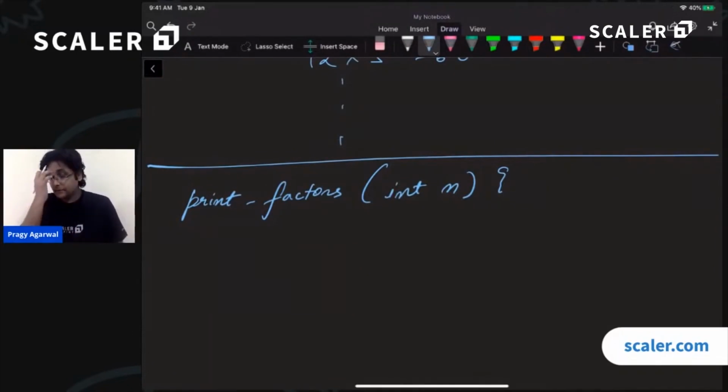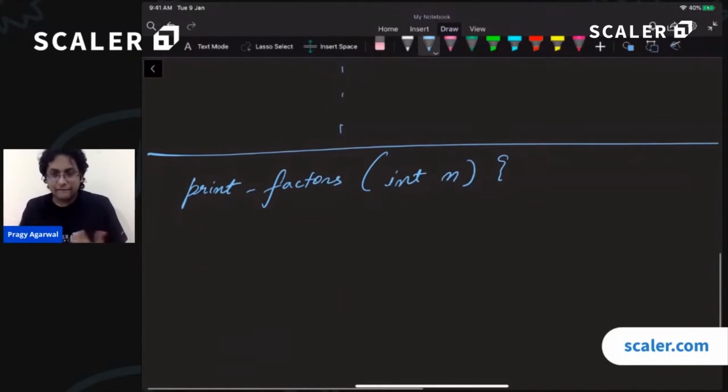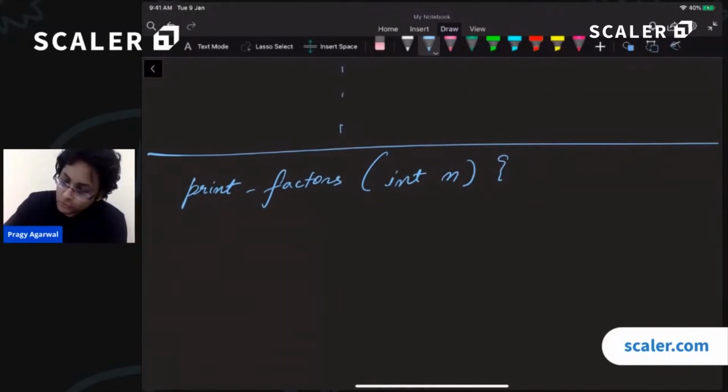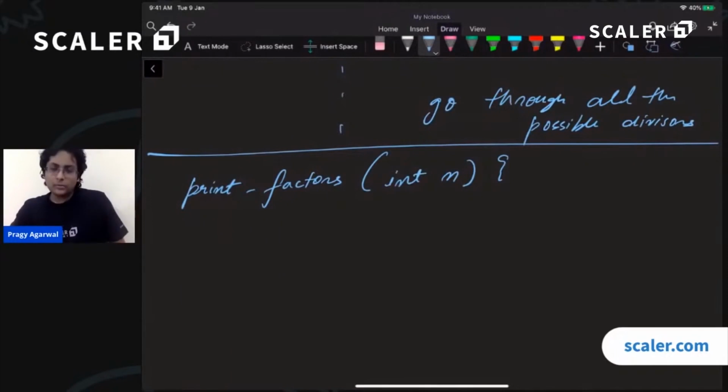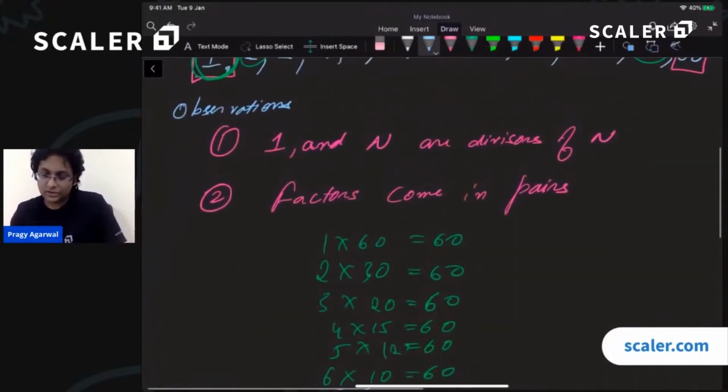One way to do this would be the naive way, the very simple way. The first way would be to go through all the possible divisors. To do that, we will need a few more observations. Let us quickly see what those are.